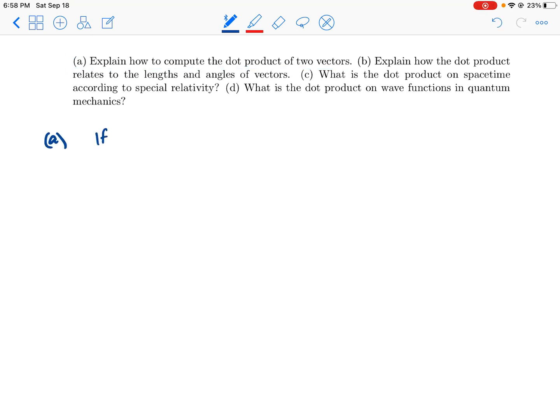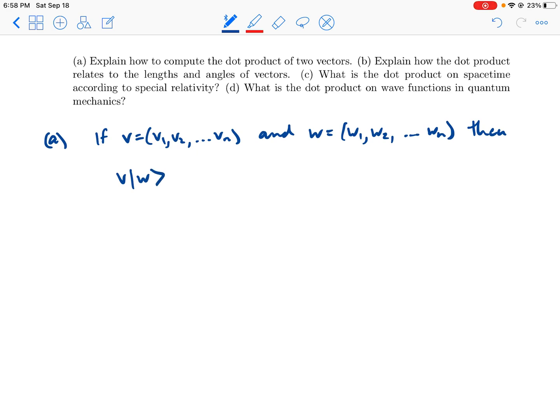Okay, so if v equals (v1, v2, up to vn), and w equals (w1, w2, up to wn), then v dot w is equal to v1 w1 plus v2 w2 plus all the way to vn wn, which you can write as the sum of vi wi, where there are n terms in your sum.